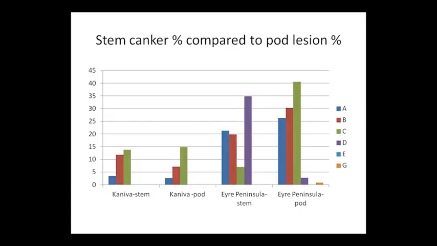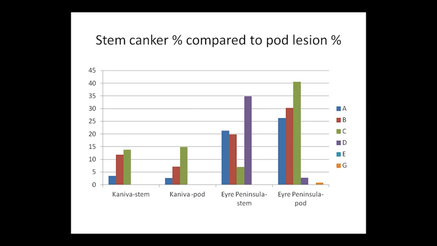Just to relate that back to stem canker, at our Conniva site, obviously the grower's doing a pretty good job with Blackleg because the levels of internal infection in the stem are very low. There would be no yield loss from Blackleg there at all, but unfortunately for them, they've copped this foliar disease and are getting some yield loss from their pods. On Eyre Peninsula, this looks high, but it's about 20% internal infection. As I said before, you need about 50% internal infection to start getting yield loss.